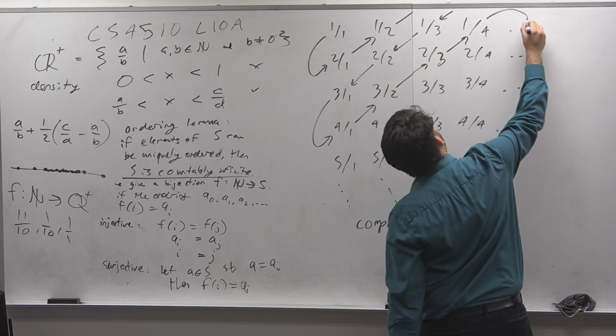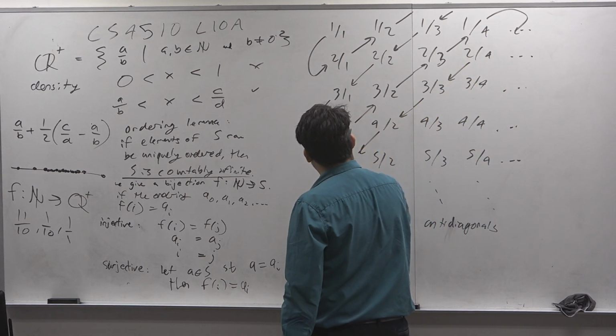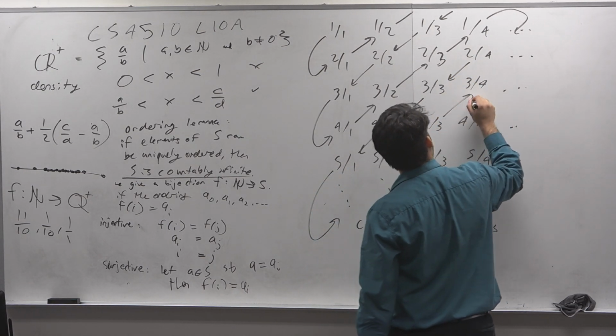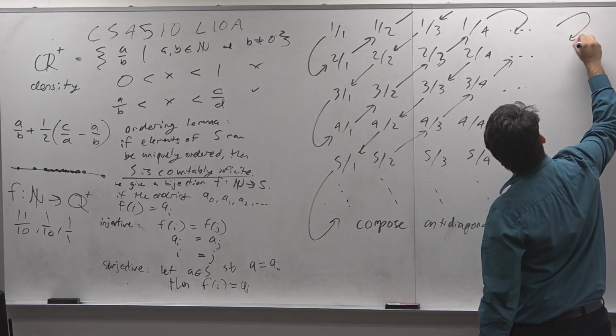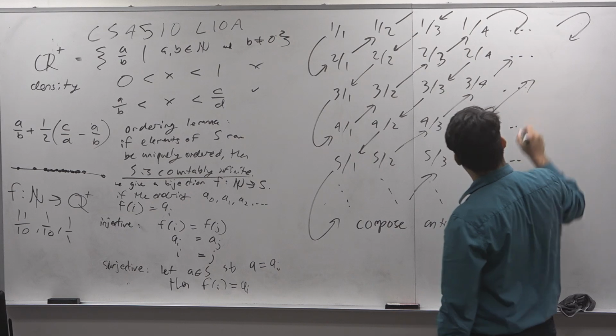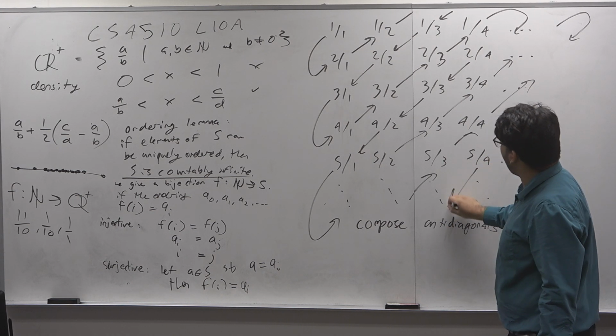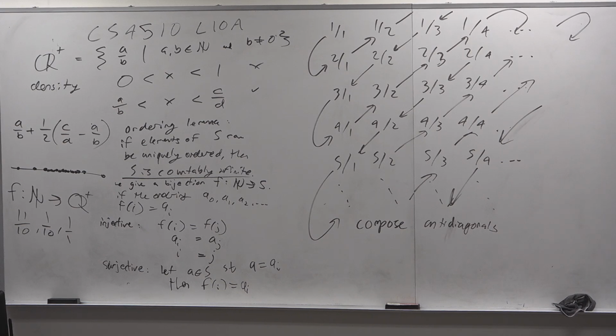You go a little bit and then you make a U-turn. There you go. Okay. Cool. Every number is hit. There's a problem.